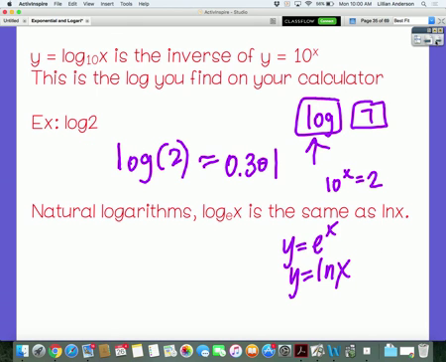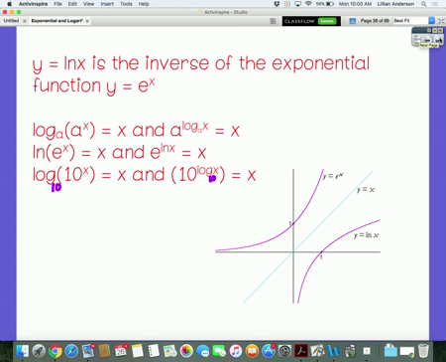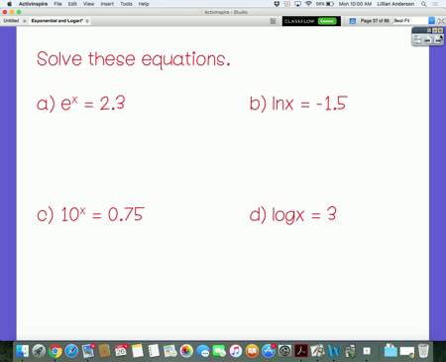They're inverses of each other. So really, all you have to do is, it's going to be ln, that is the inverse for e, of the number that it equals. And that will be x.